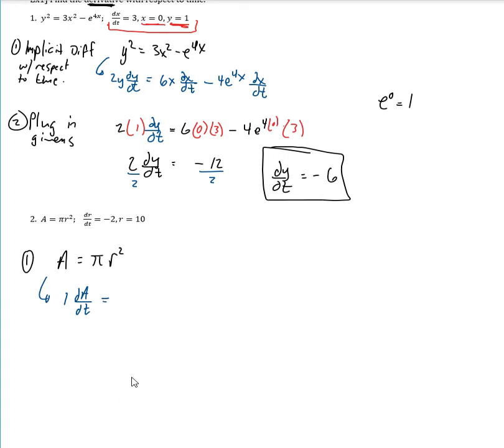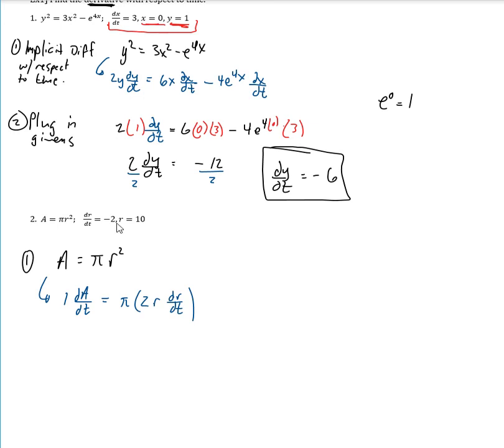And then equal to pi, which is just a constant, hanging out, times the derivative of r squared, which would be 2r, and again attach dr dt. Notice the letters don't really matter. We had A and r, but it's still d whatever letter, dt.